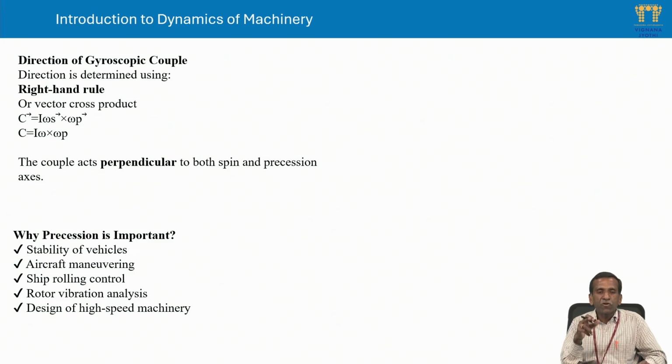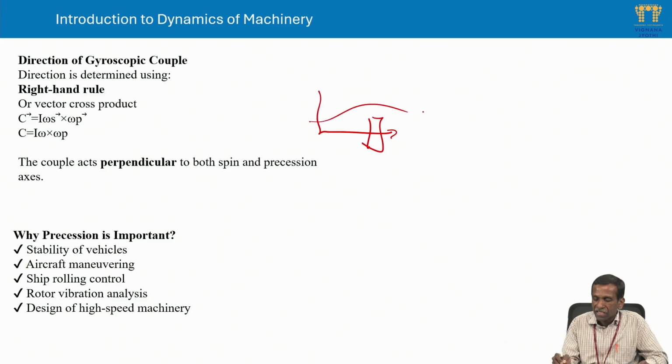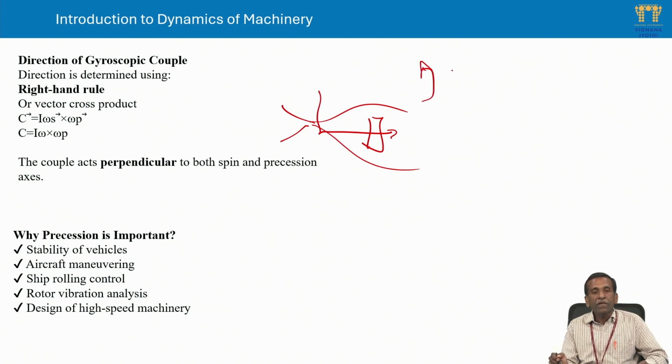So there are engine rotating elements, turbine rotor rotating along one axis, but the entire aircraft is going to take a turn, left or right. Then there will be a gyroscopic couple effect.